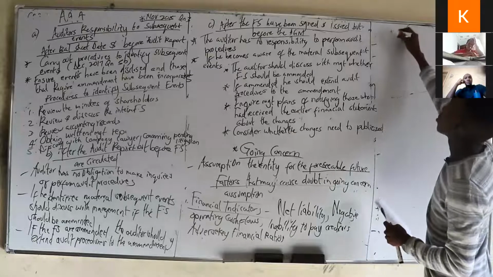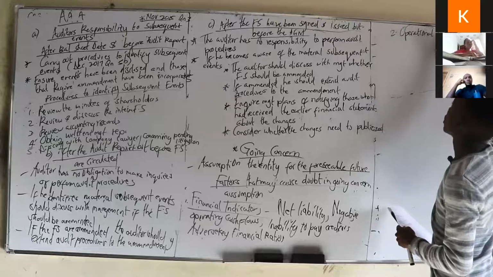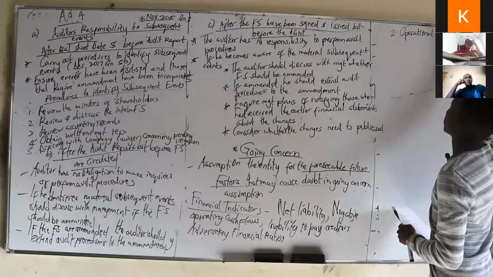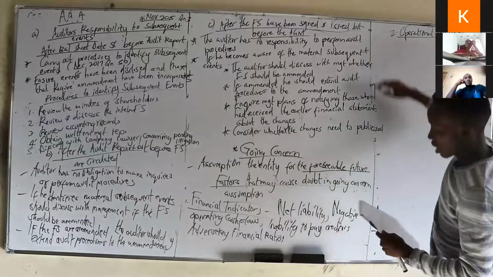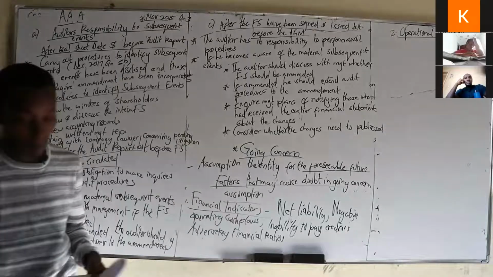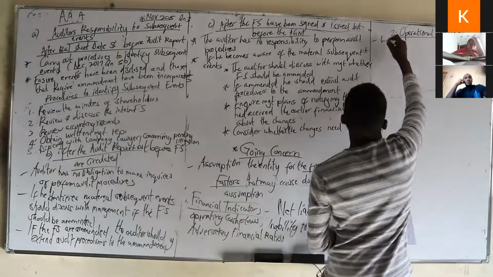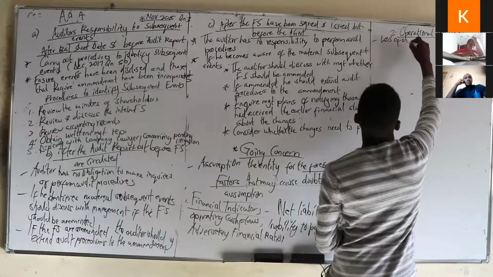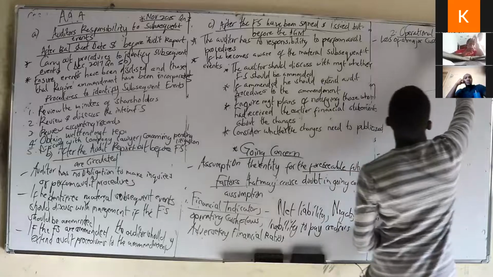And also you have the operational indicators. These operational indicators are indicators that affect the business in terms of its operations. For example, loss of a major customer is an indicator that this company may not be in operation.